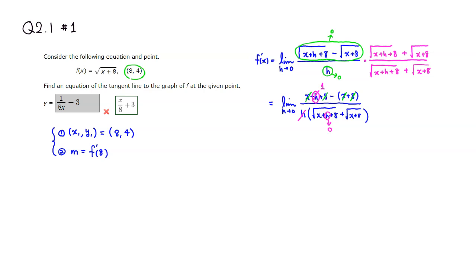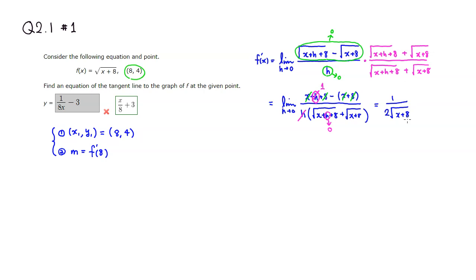What's left is 1 on top. And we have a square root of x plus 8 plus another square root of x plus 8, so you have 2 of those. So it's 2 times square root of x plus 8. This is the derivative.